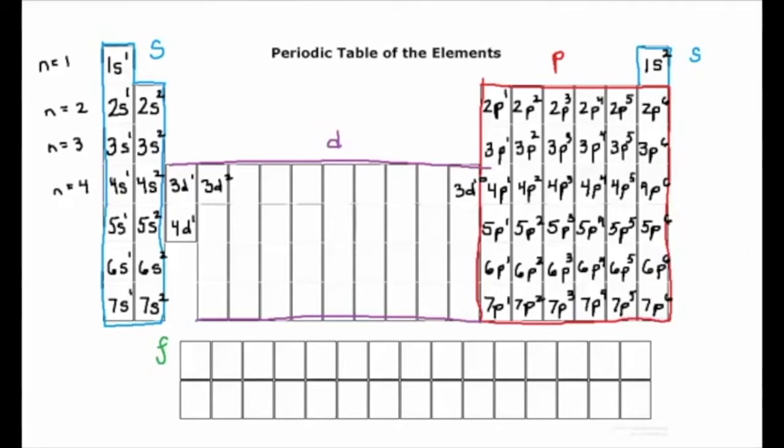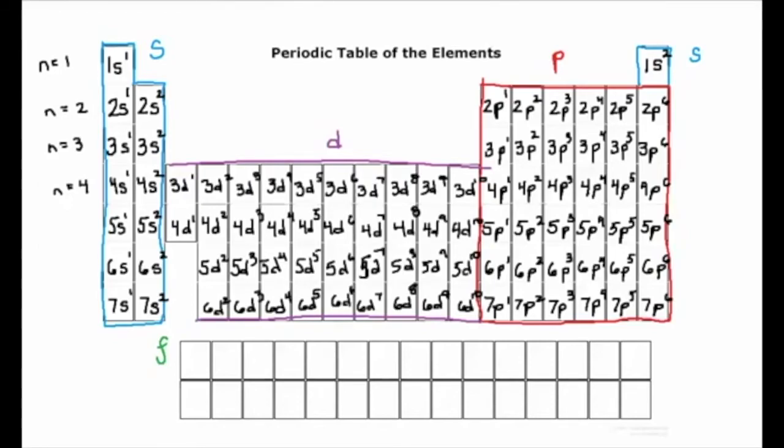And then you can fill in the rest. So there's your d's. Notice that you've got 2 that are missing right here, and where those went, they actually went down below. The reason why they're down there involves exceptions that we're honestly not going to address. However, that would be then 5d1, and this would be 6d1, and then the rest of them are going to be f's.